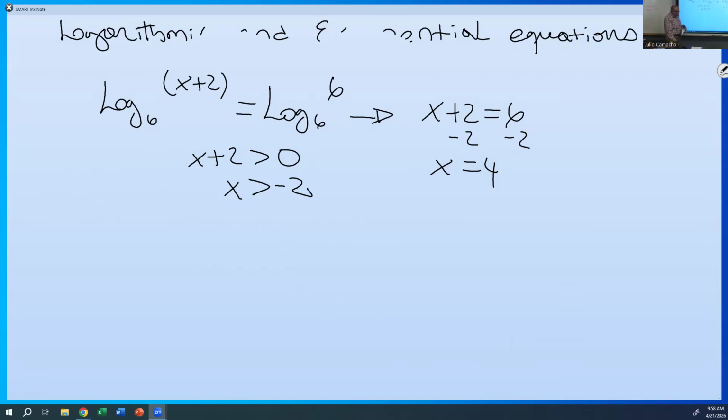Right now we have one answer, no big deal. But we'll have equations that will have two answers, and we'll have to cancel one of them. If the answer is not in the domain, you cancel the answer.